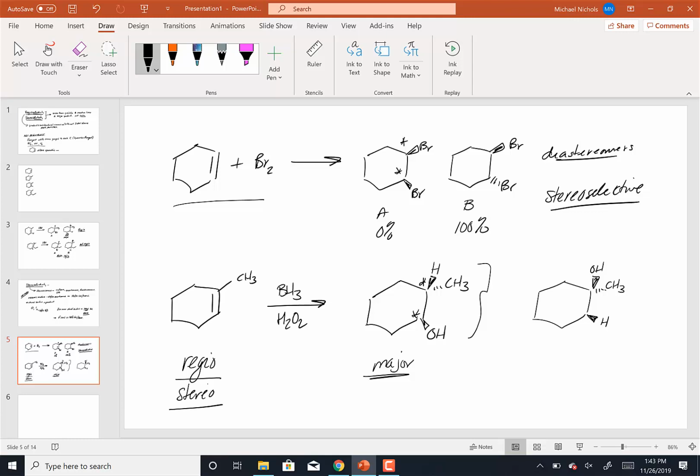The reason I have to say that is because what about the Markovnikov product? In making the Markovnikov product, was the reaction stereoselective? Why not?